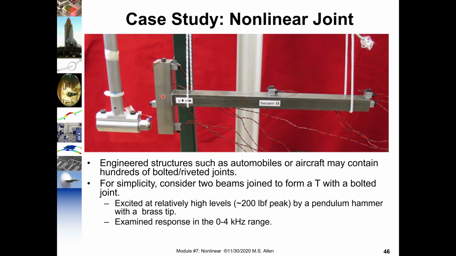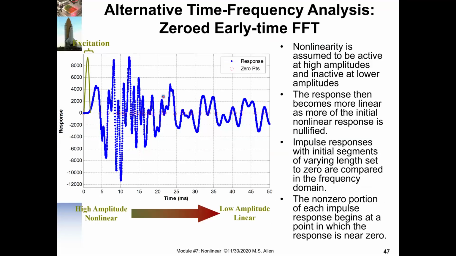And I'll use this to introduce one other time frequency method that we developed. And the idea is a method that's geared towards transient response or impact excited response. So in that case of free response or transient response, you start out with high amplitude vibration, and the vibration amplitude goes down with time due to damping.